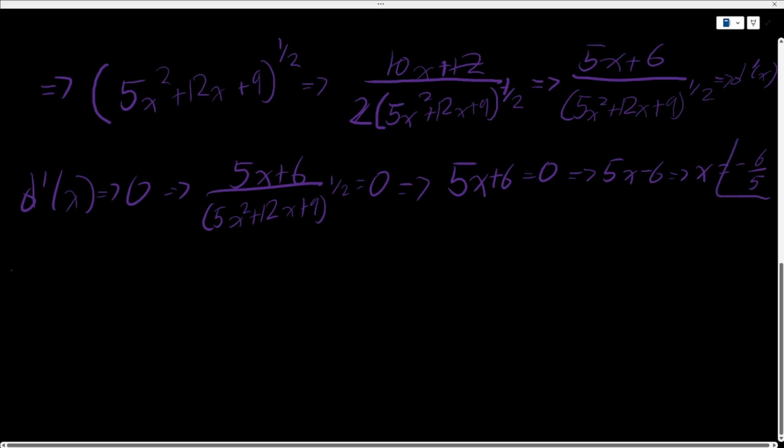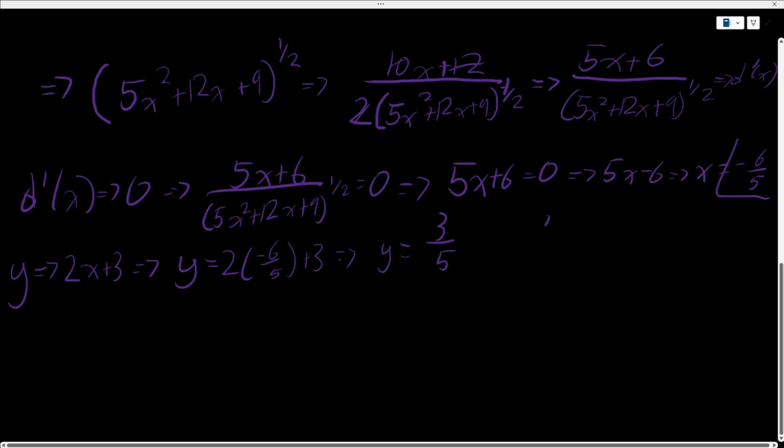That is just our x value. Let's plug it in to our original y of 2x plus 3. y is going to be equal to 2 times negative 6/5 plus 3. And when we simplify this, we will just get 3/5. So we have the point (negative 6/5, 3/5).